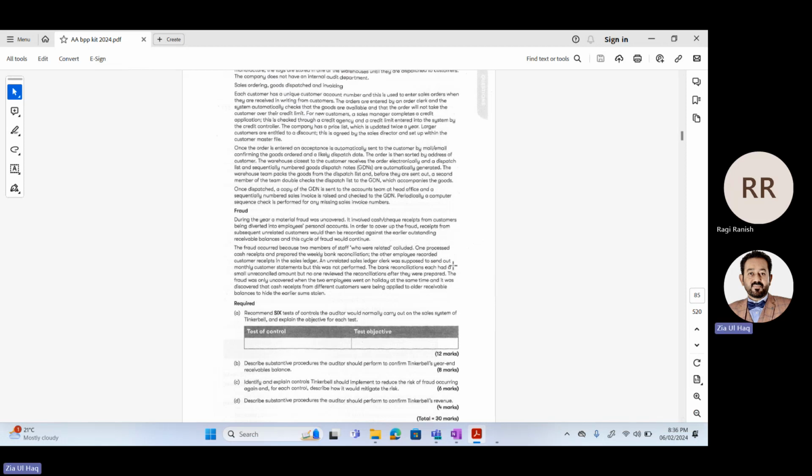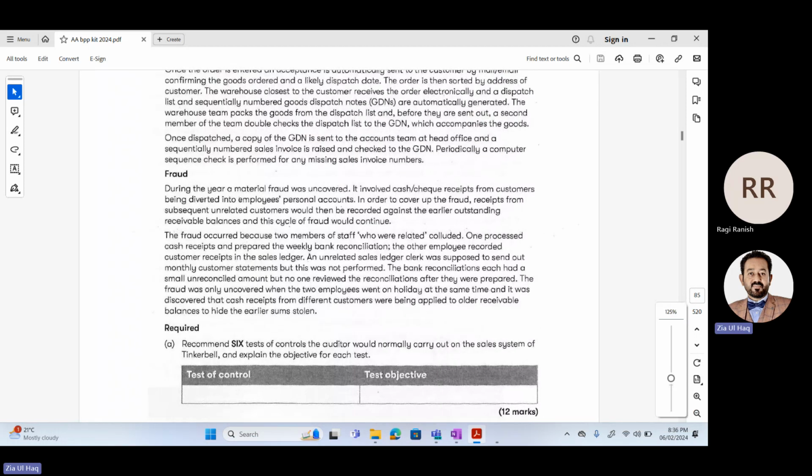So you need to identify 6 tests of control against the controls that are in the question. Like in the previous question, first we identified the control from the system, then we wrote down the test of control. In this question, we don't need to write the controls. We need to write down straightforward tests of control.